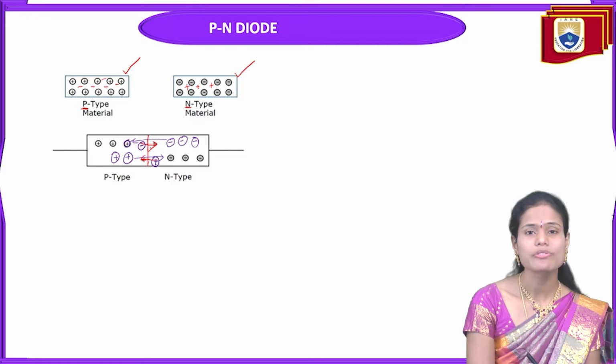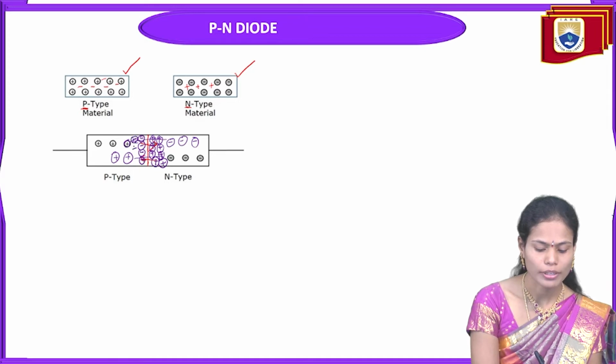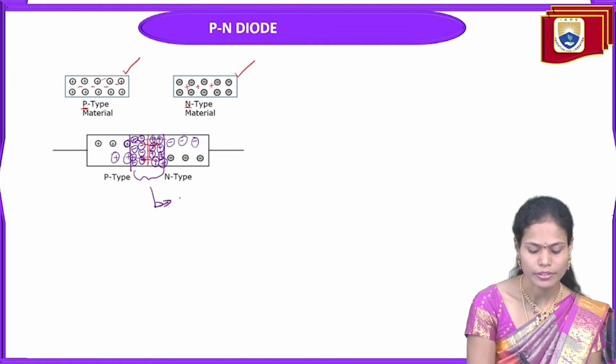Because of this diffusion of charge carriers from P to N and N to P, many positive immobile ions develop in the N region and many negative immobile ions form in the P region. This particular region is what we call the depletion region.